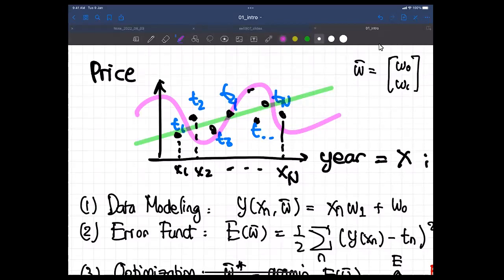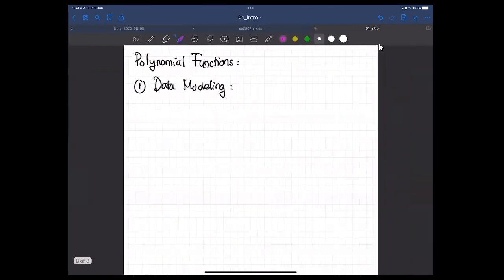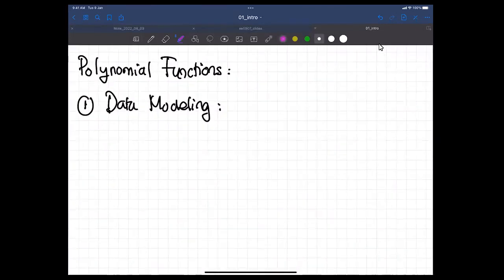So what does it mean by generalization of the model? In the data modeling, again, if we have a horizontal line, then it's very simple that y equals W0, right?